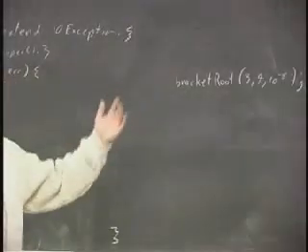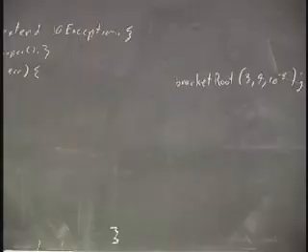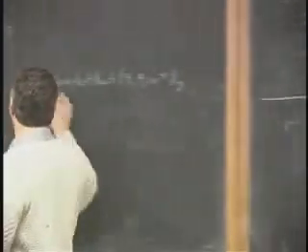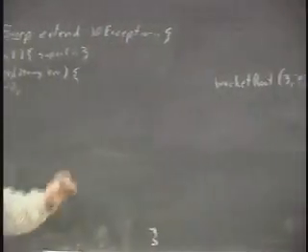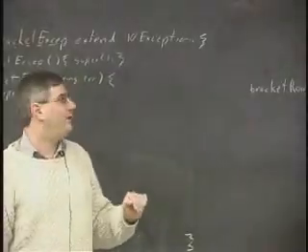Okay, but now bracket root has signaled that something can go wrong. It can throw this exception, and the compiler is now not going to let you get away with that. It's going to say, you've thrown an exception here, you've got to do something with it.